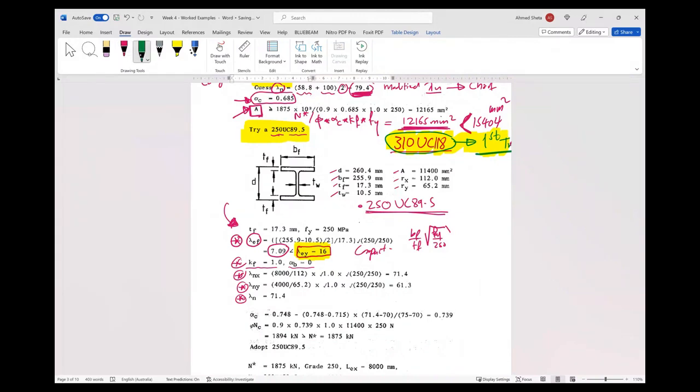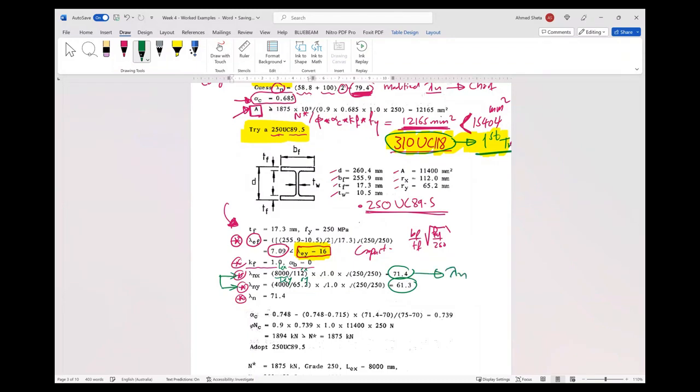And we will go to find lambda NX, lambda NY. So lambda NX, LEX over RX, will get 71.4, and LEY over RY we will get lambda NY 61.7.